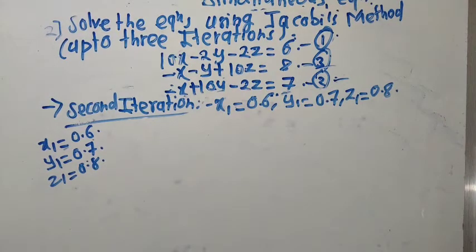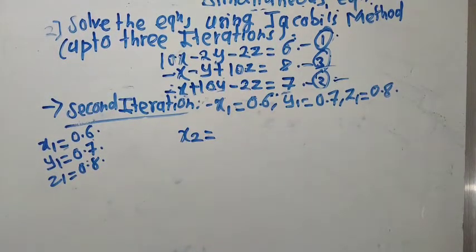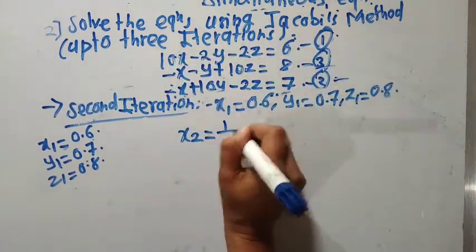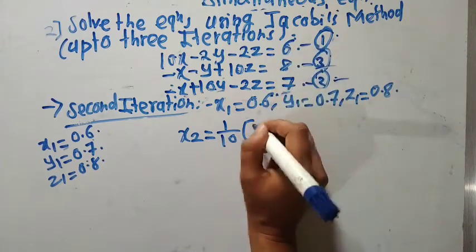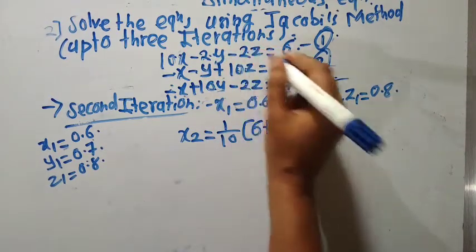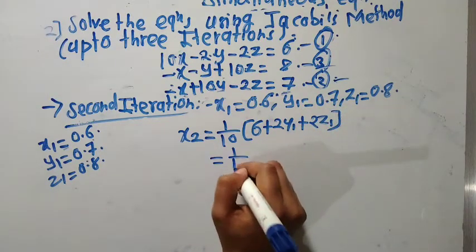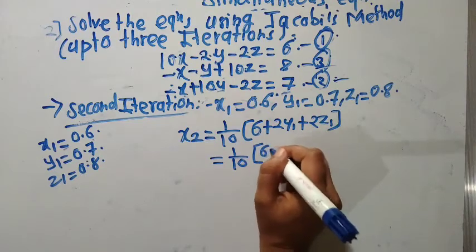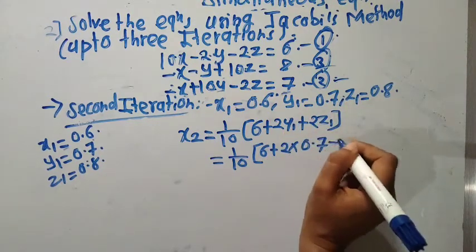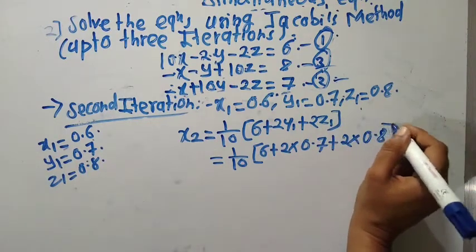Then first find out x2, and x2 is equal to, from the first equation, 1 by 10, 6 plus 2y1 plus 2z1, which is equal to 1 by 10, 6 plus 2 into y1 is 0.7 plus 2 into z1 is 0.8.